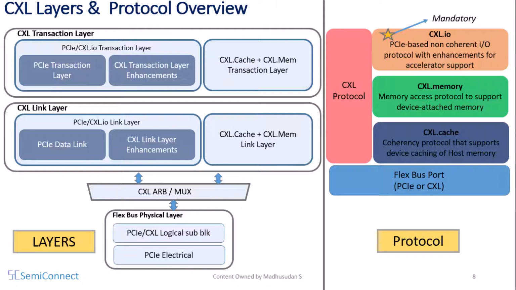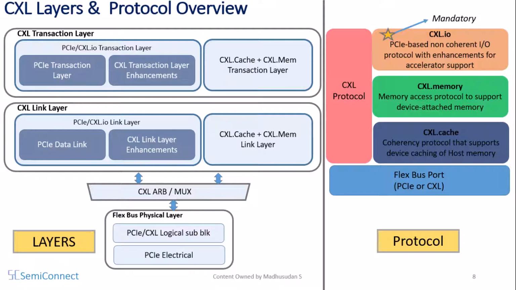Now, diving a little deeper. We saw various transaction layers of PCIe. So the CXL transaction layer, if you zoom in a little bit, the CXL.io transaction layer pretty much looks like the PCIe transaction layer.